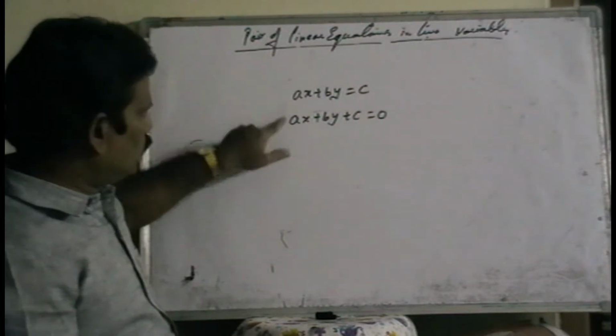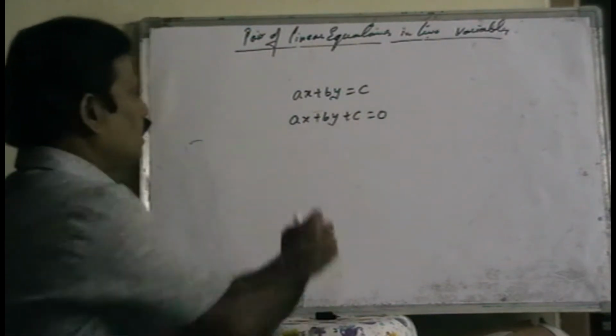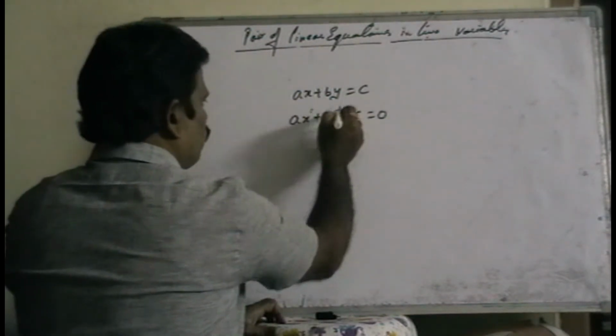It is called the general form of a linear equation. Why? Because x power 1, y power 1: first degree in two variables. So a linear equation is a first degree equation, that too in two variables. It means x to the power 1, y to the power 1 only.